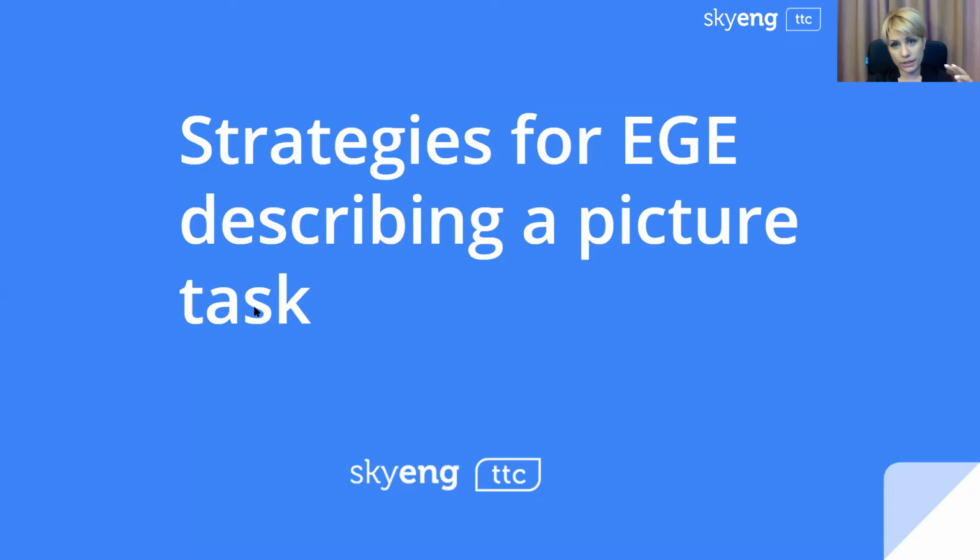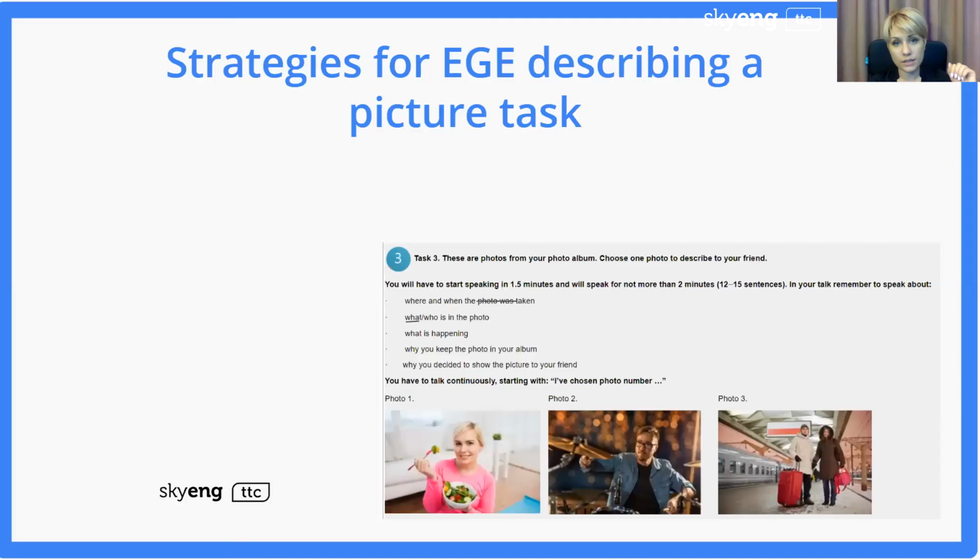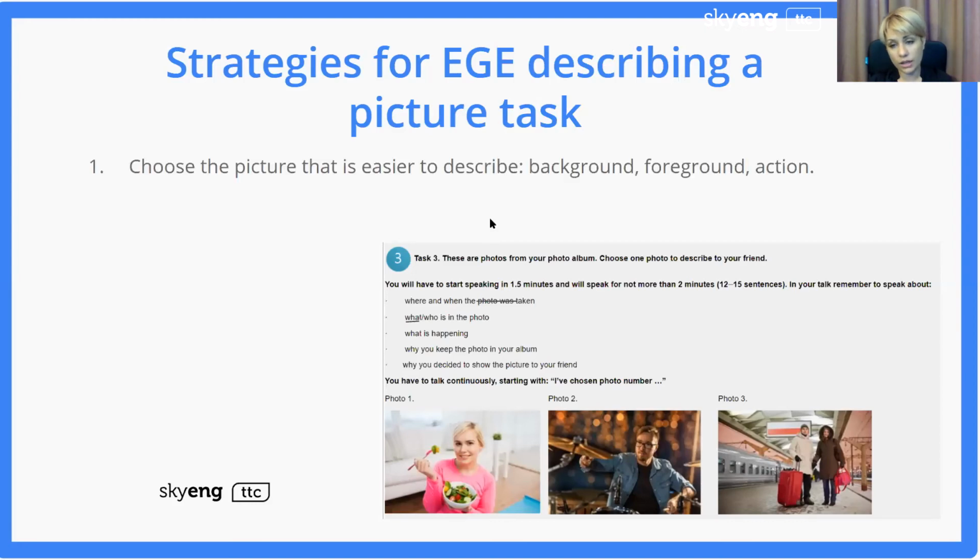Well, one of the most complicated tasks for students is the following: describing a picture task, as in their album. So here it's important to remember that when we look at the pictures, we should choose the picture that is easier to describe.